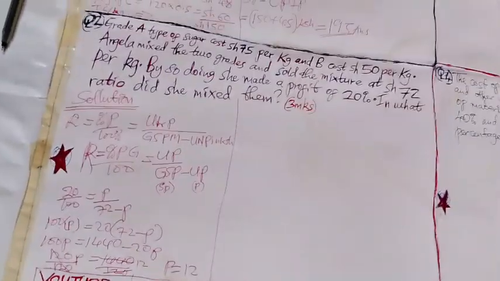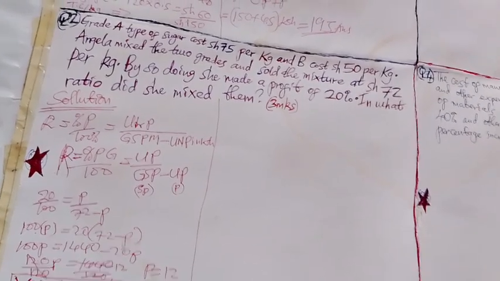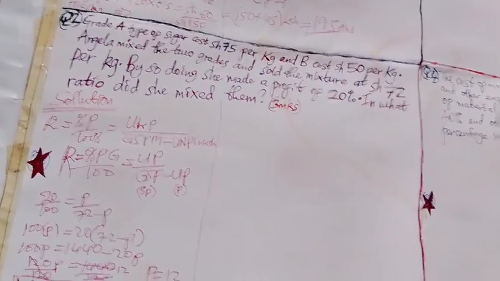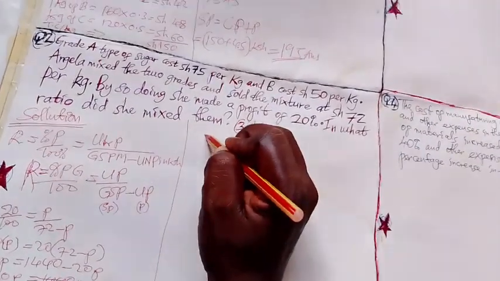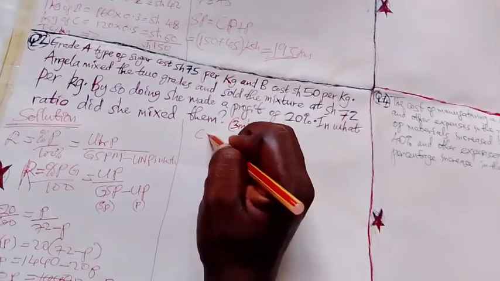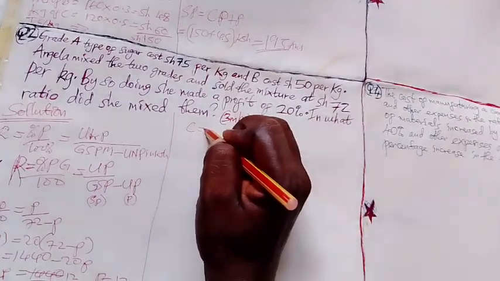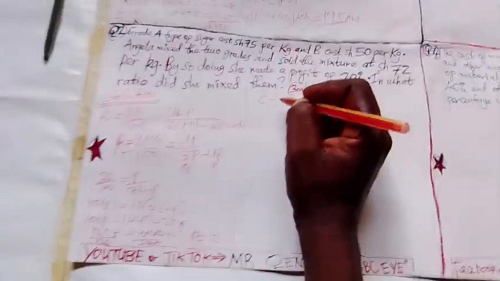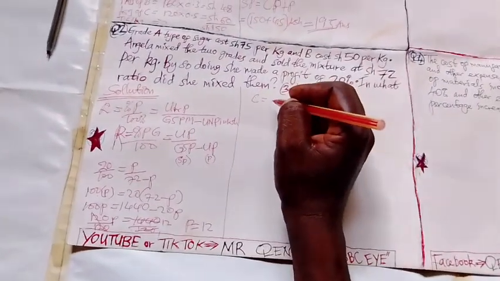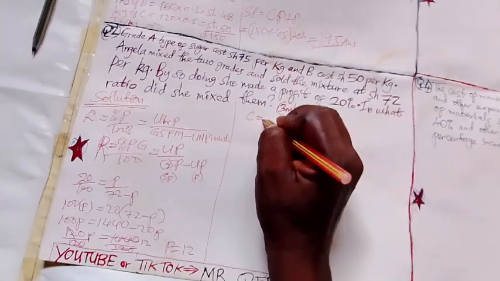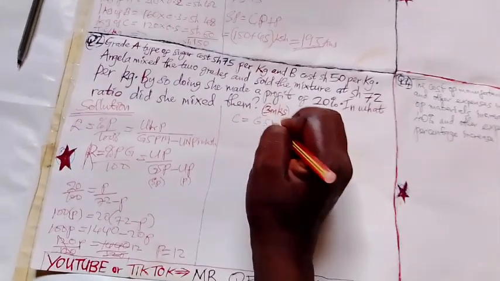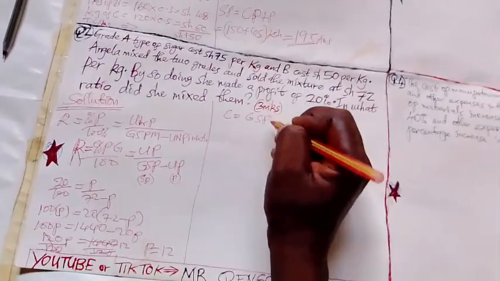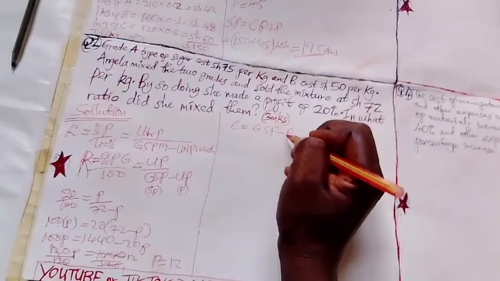But we know the cost. Cost is given by the given selling price of the mixture minus profit.